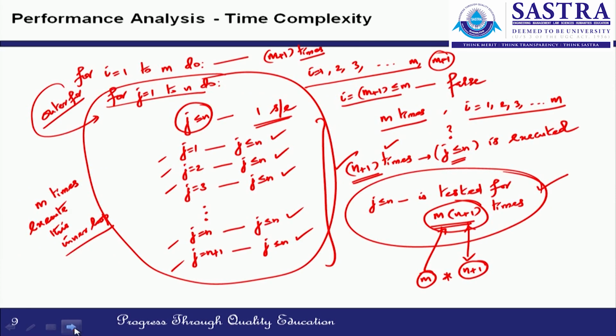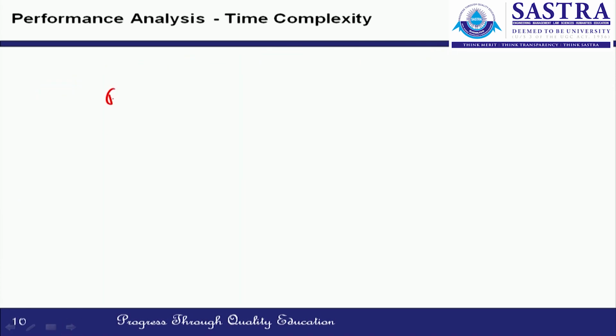T matrix add. The problem instances are m and n, because the dimension of the matrices A, B, C are m by n.